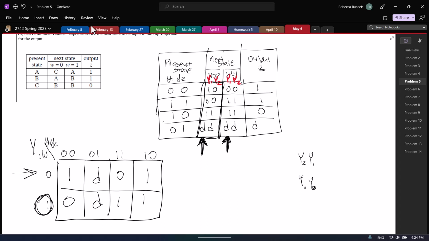And so my minimal cover here looks to be this. So I have y1 equals, this top circle has y2 equal to 0, so that's y2 bar, and w equal to 0, so that's w bar, plus, and this bottom row, I have w equal to 1, and I have y1 equal to 1.